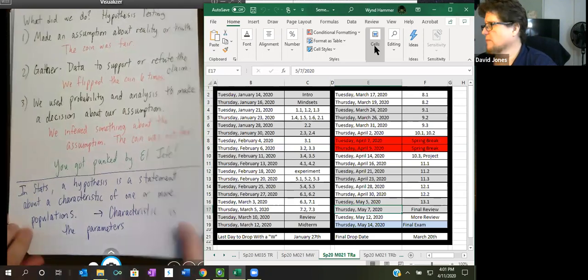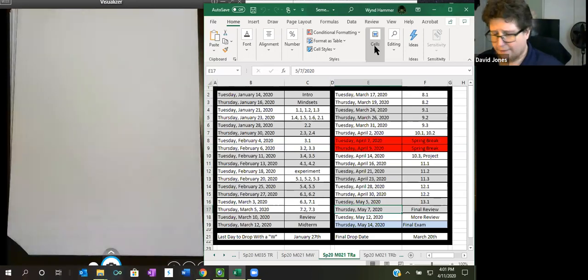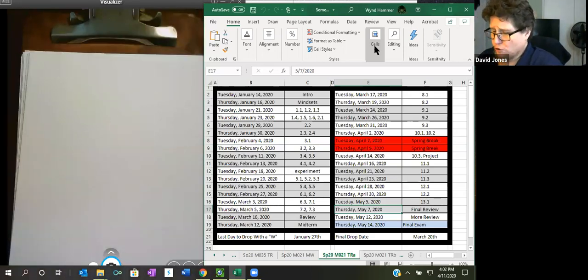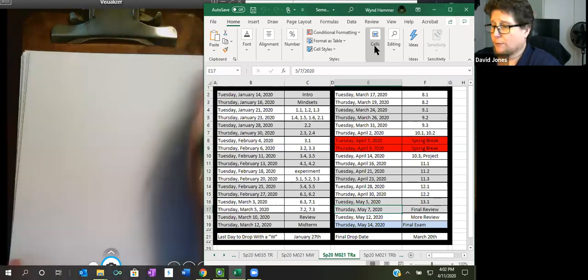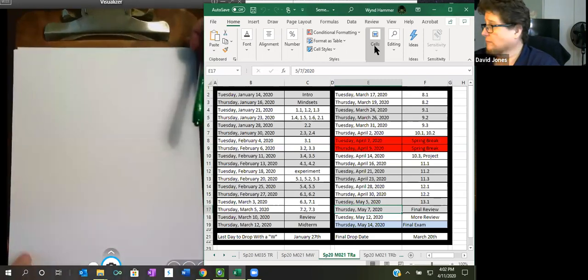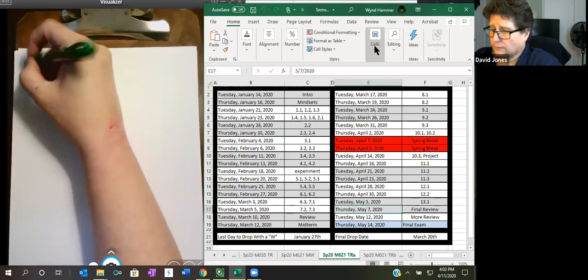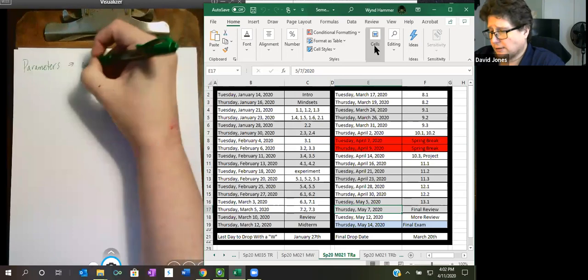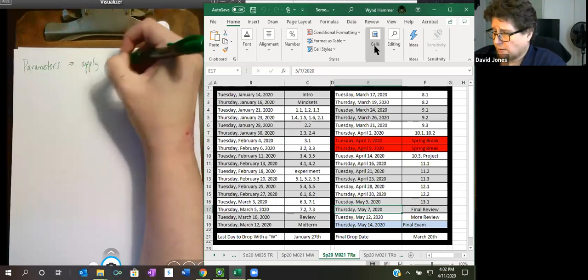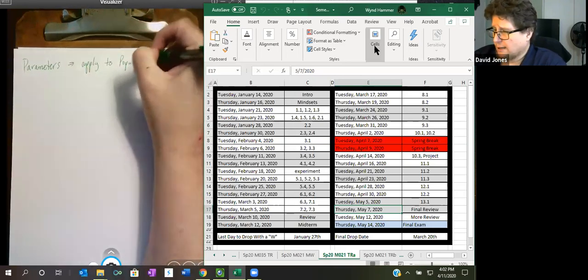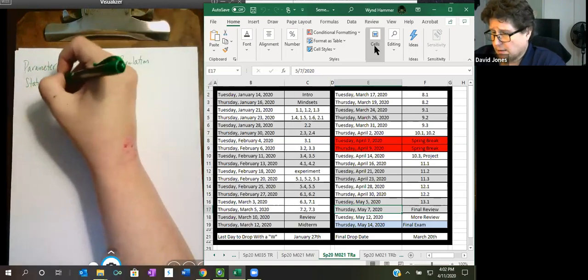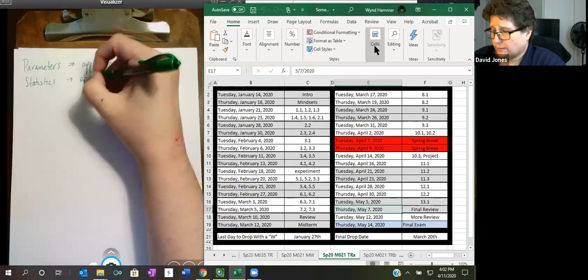Okay. So what kind of parameters did we have for the population? Known parameters that we've worked with so far. Remember, parameters apply to the population, and statistics apply to sample.